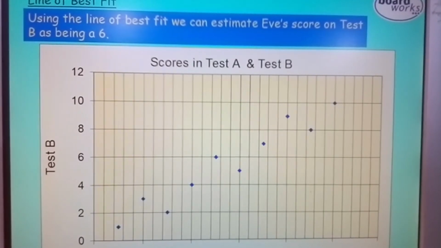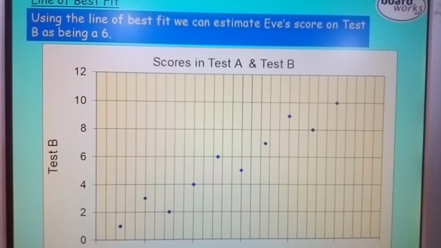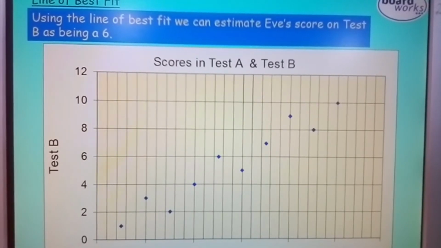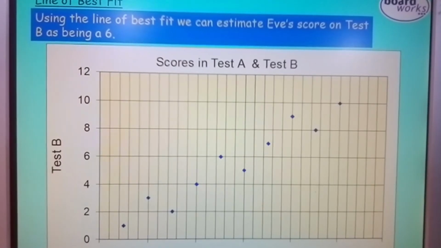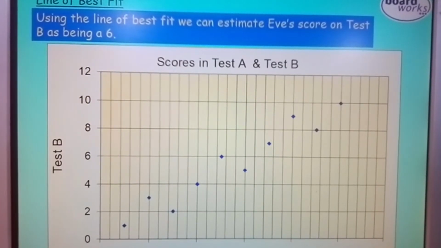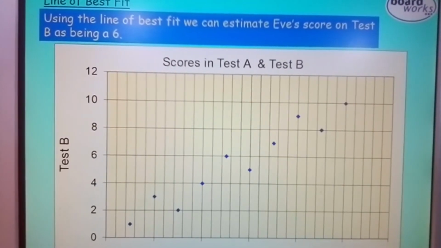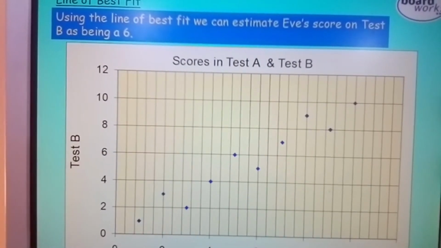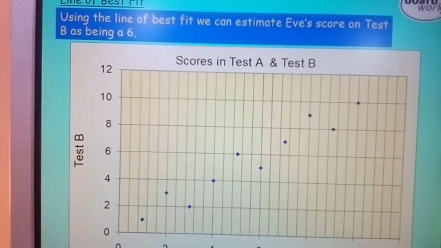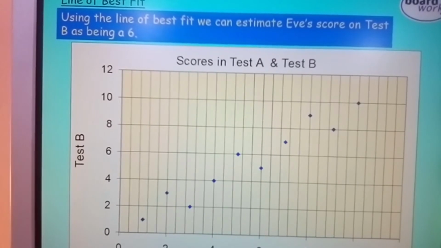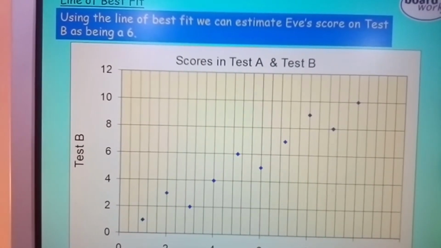Again here we're looking at line of best fit. Using the line of best fit, we can estimate Eve's score on test B as being 6. For test A, it will also be 6.